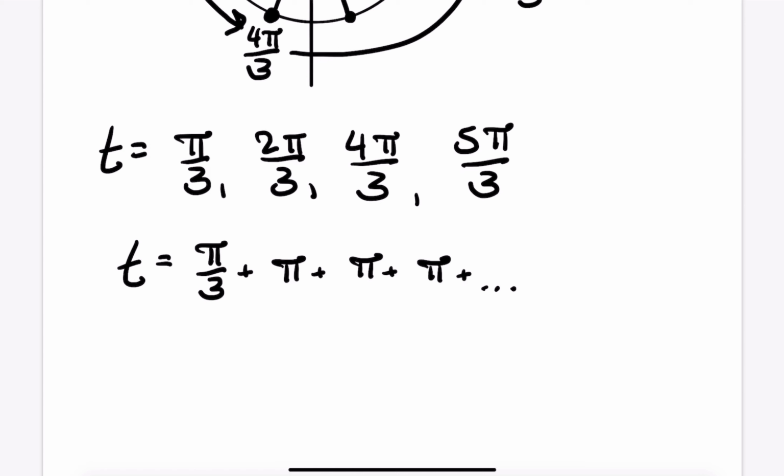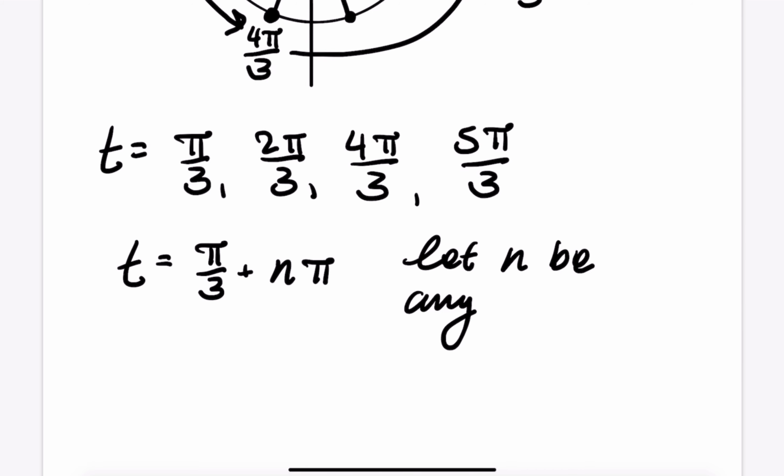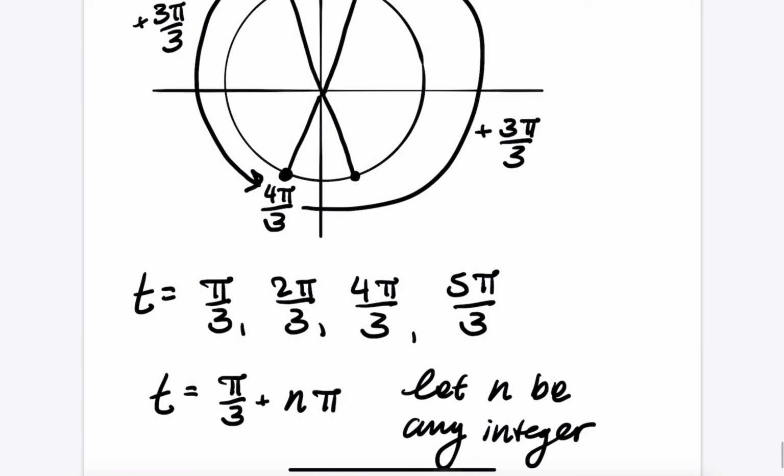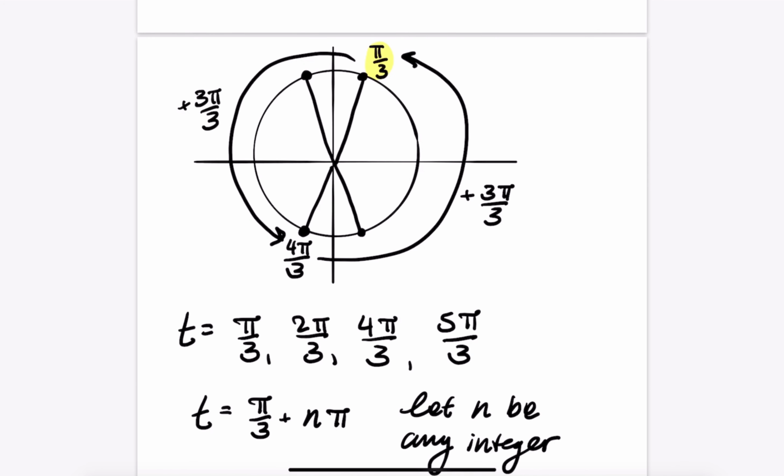So to condense that, let's say for any integer n, we can add pi that many times and we would get our solution. So we can say let n be any integer. Okay, so that's one half. The other half, let me erase these so they're out of the way.